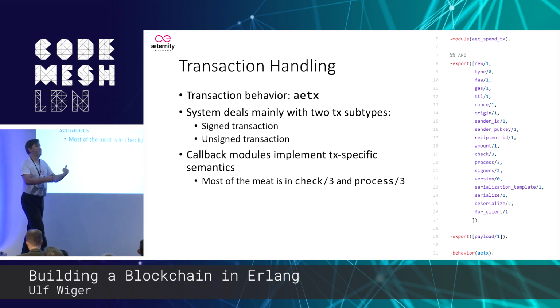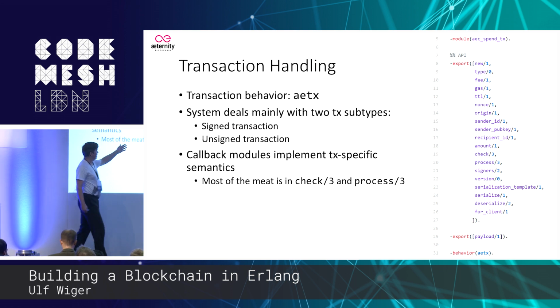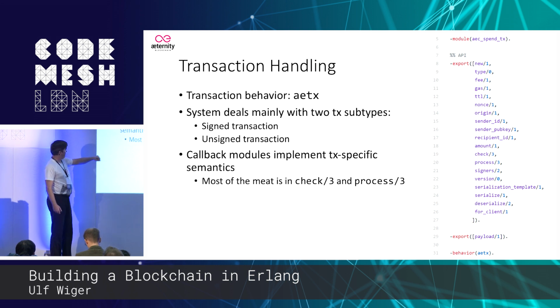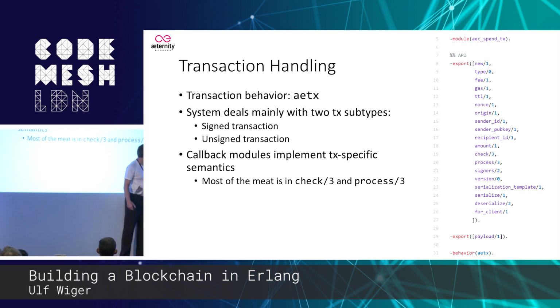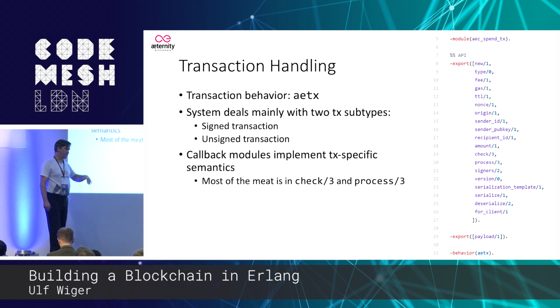Check is before committing, and process is when you're actually doing the work once you commit the transaction and update all the states. Then you have some serialization callbacks so that there is an external format, which is pretty much the same as Ethereum has. So in order to add a new transaction, you write a module where you implement those callbacks.